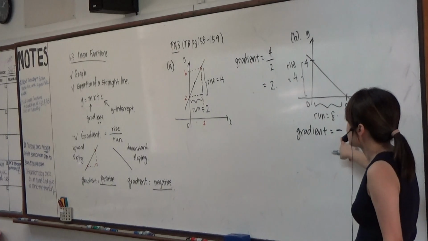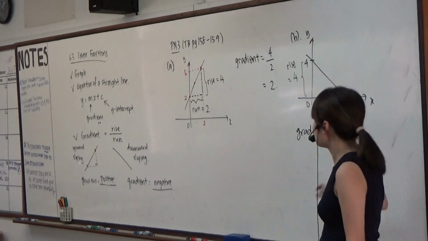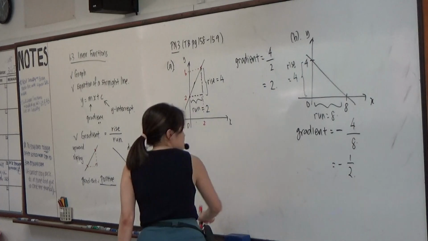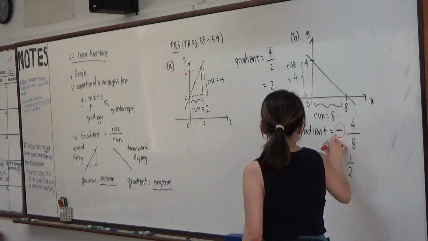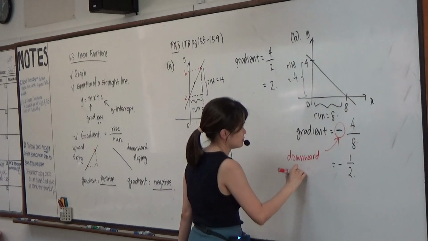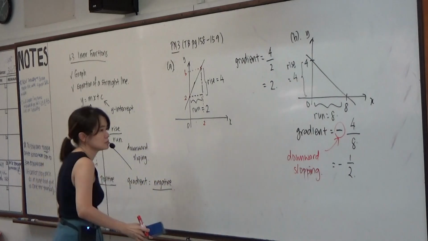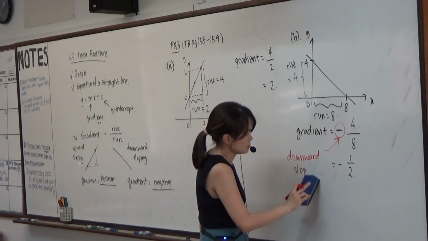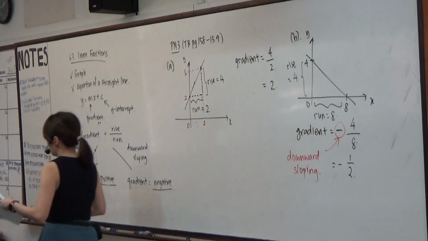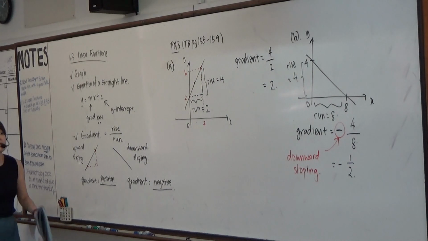Okay, so it's a negative, rise is 4, run is 8. And then we simplify this fraction and we get negative half. Okay? Understand now? Let's look at part C.